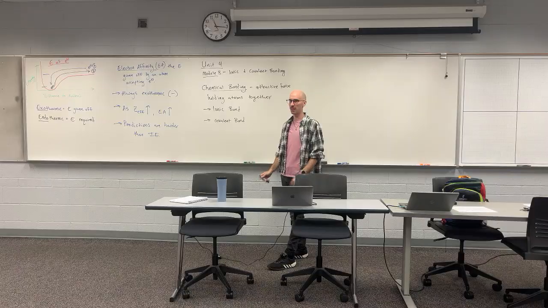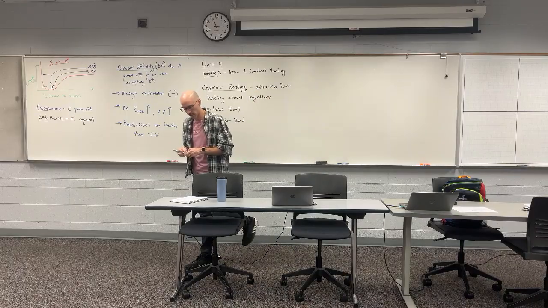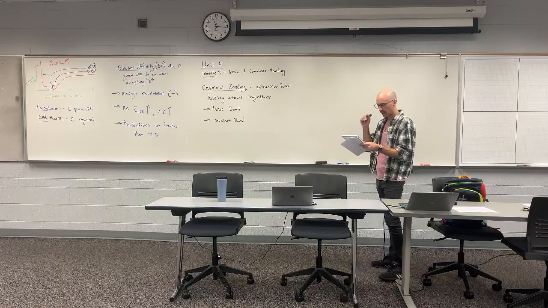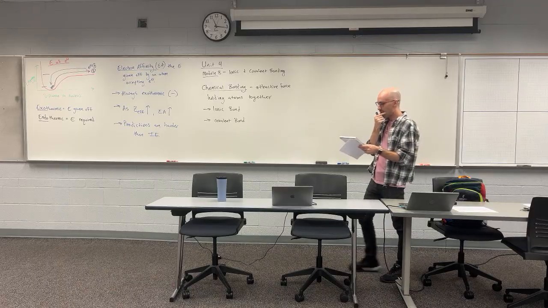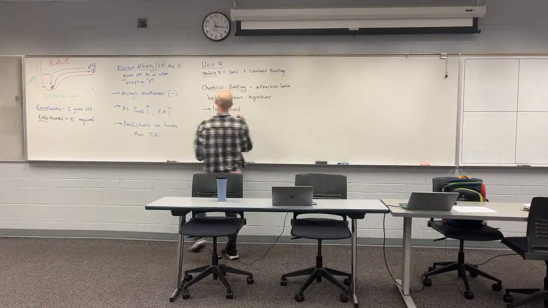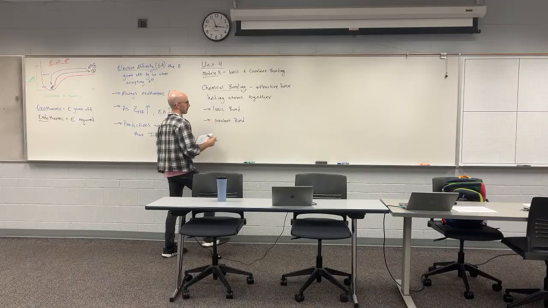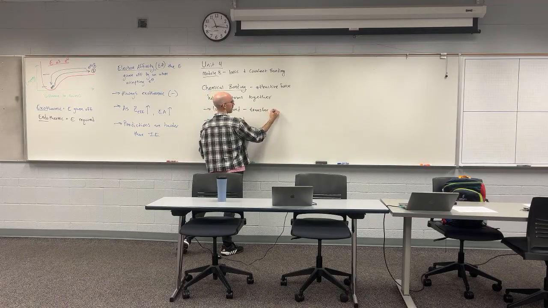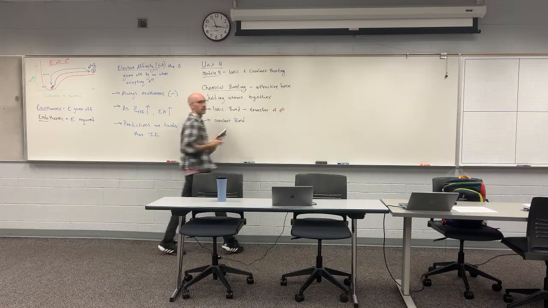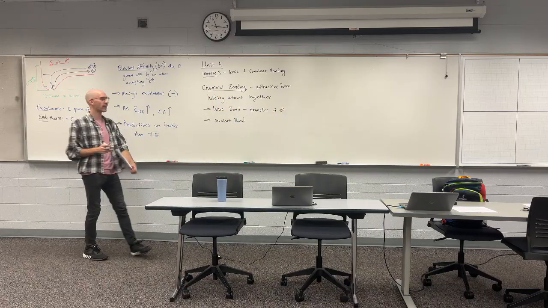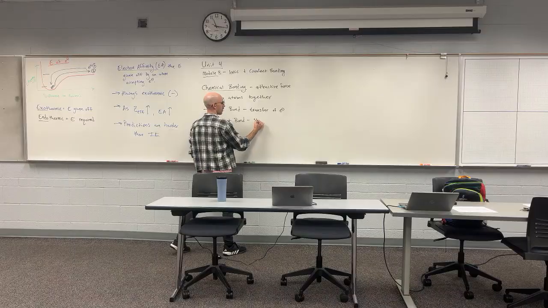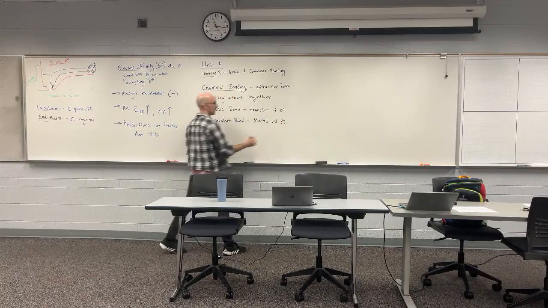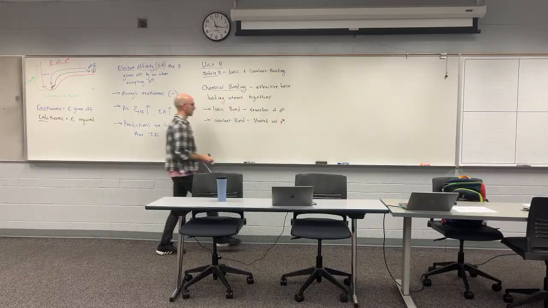These are our 2 main types of bonds, ionic and covalent. We've already introduced these a little bit. The brief background here is that ionic bonds form by transfer of electrons, and covalent bonds form through shared valence electrons, as the name implies.